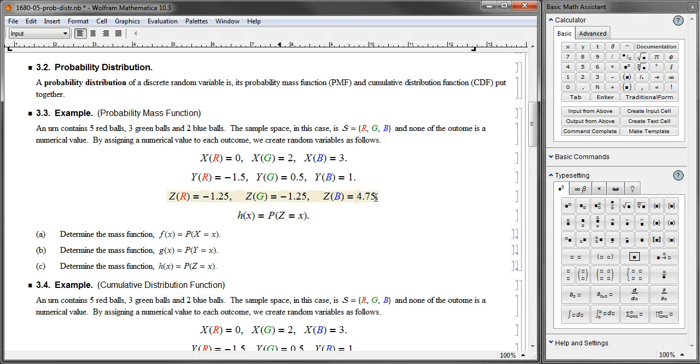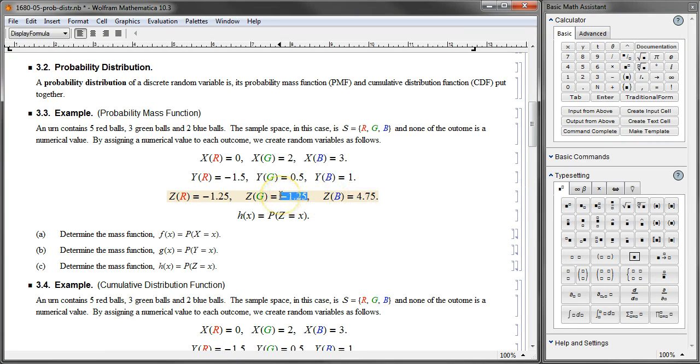And what are the possible values of x? -1.25 or 4.75. Otherwise impossible. So you have 3 cases: the -1.25 case, the 4.75 case, and otherwise.